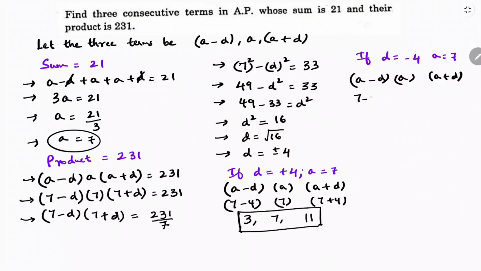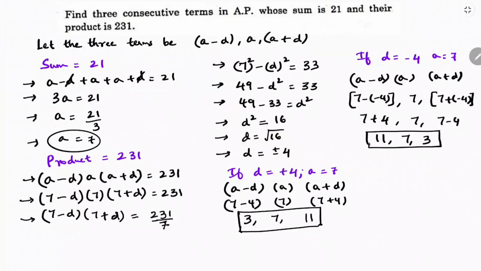Now see, 7 minus of minus 4, and the second term is 7, and 7 plus minus 4. So 7 plus 4, 7, 7 minus 4. 7 plus 4 is 11, 7, 7 minus 4 is 3. So the three terms may be 3, 7, 11, or you can write them as 11, 7, 3.